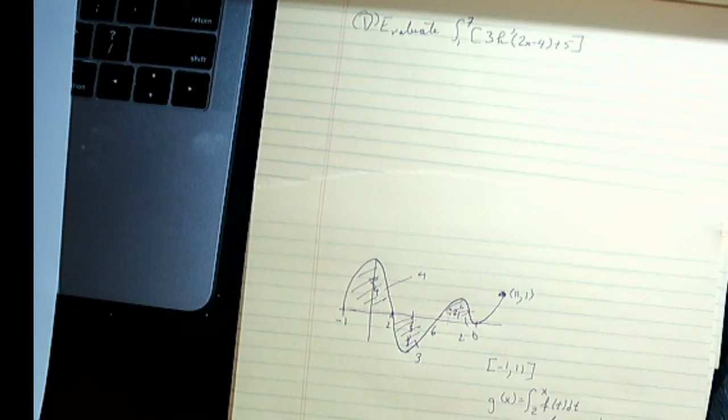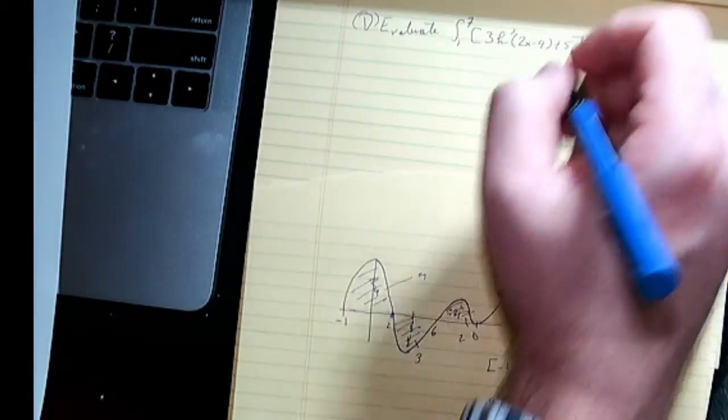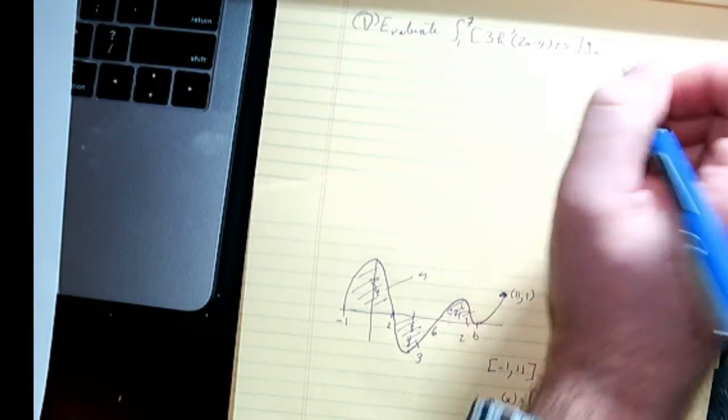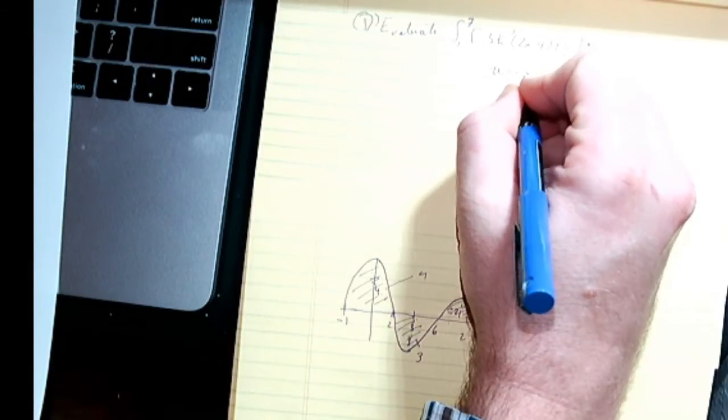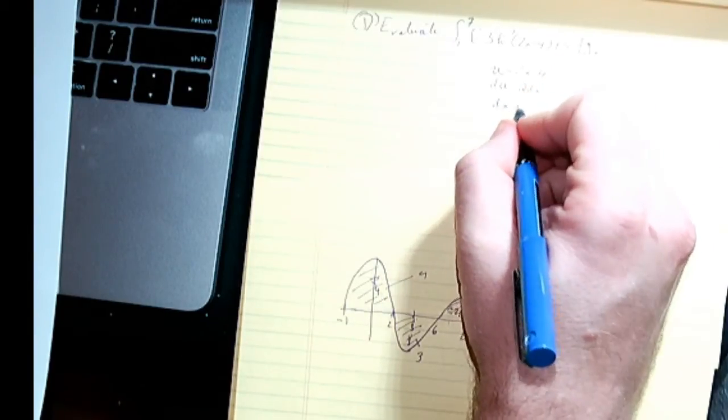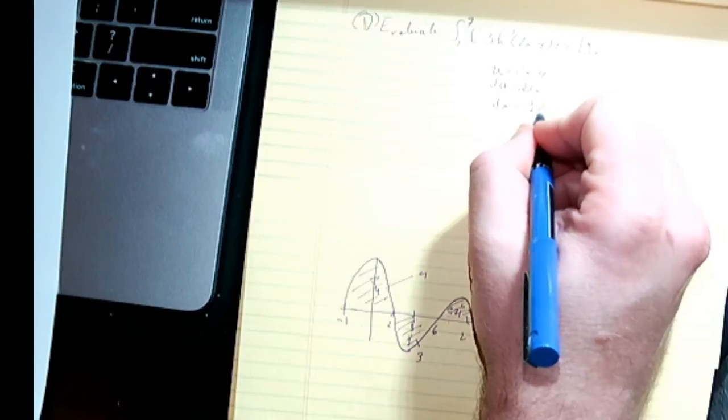So I can use the fundamental theorem of calculus to say h prime, but then this isn't h of x, this is h of 2x minus 4 dx, I should say. That 2x minus 4 is going to hurt our heads. Let's get rid of it with a u substitution. So let's say u is equal to 2x minus 4, so du is equal to twice dx, or rather, dx is equal to 1/2 du.